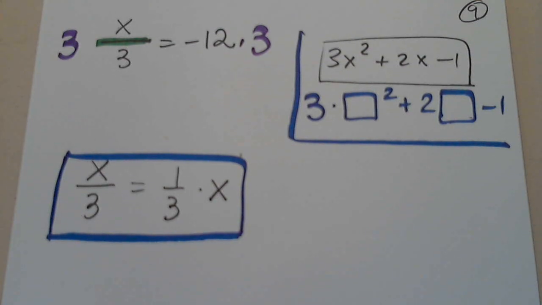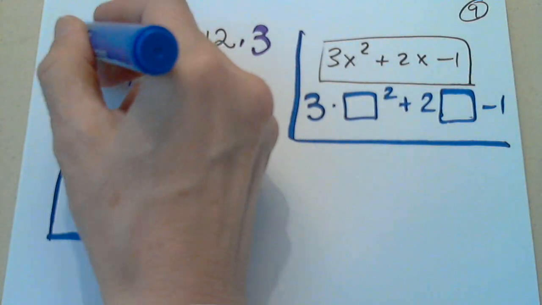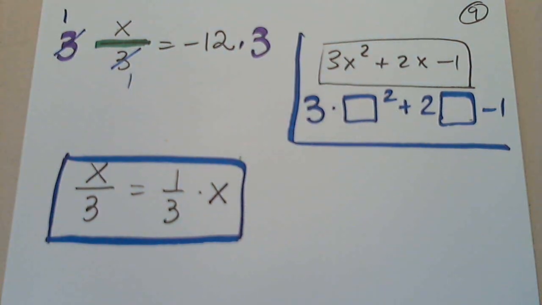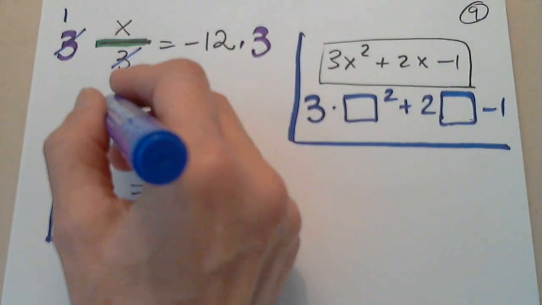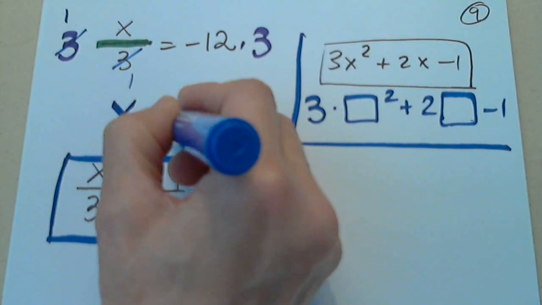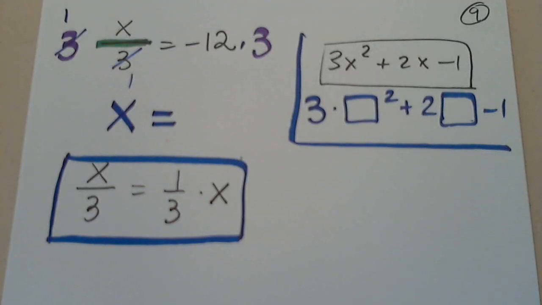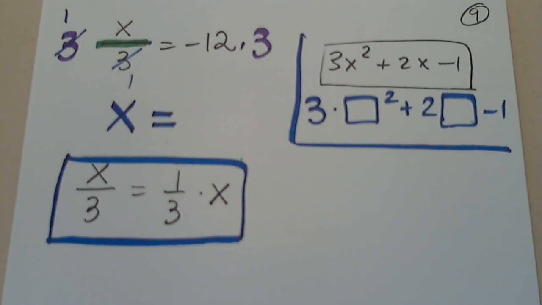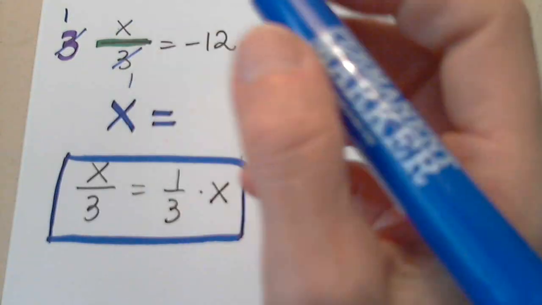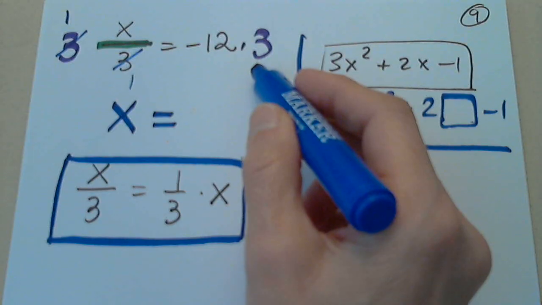Therefore, the left-hand side, after simplification, because I'm allowed to simplify factors, becomes x. Can anyone give us the right-hand side? The right-hand side is?